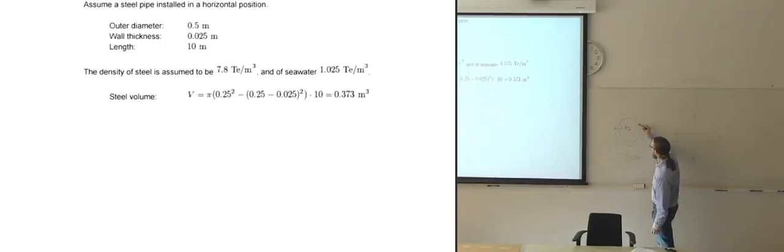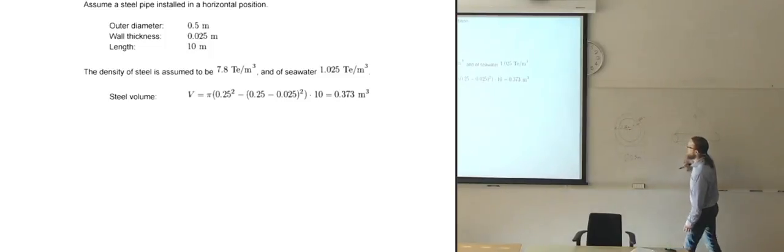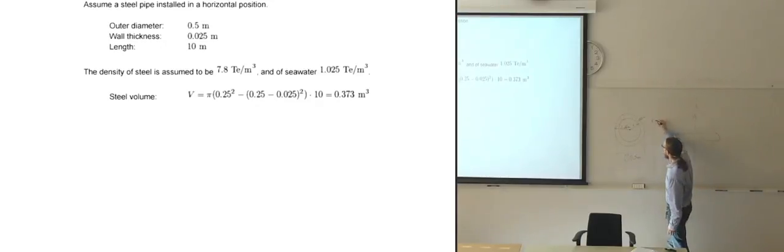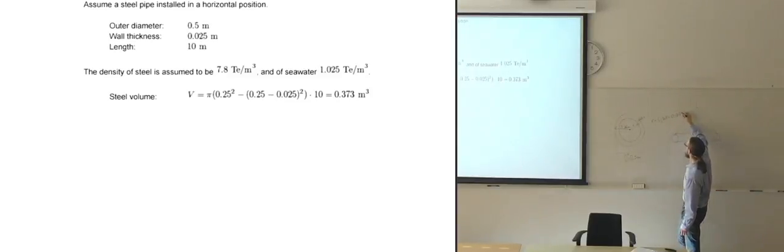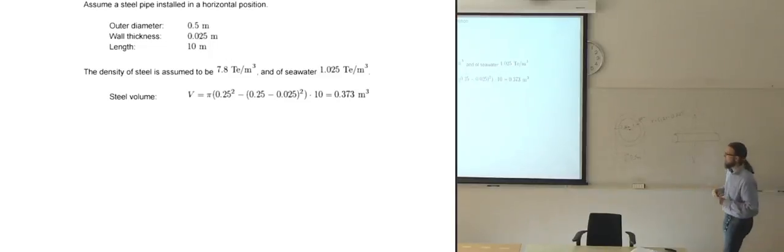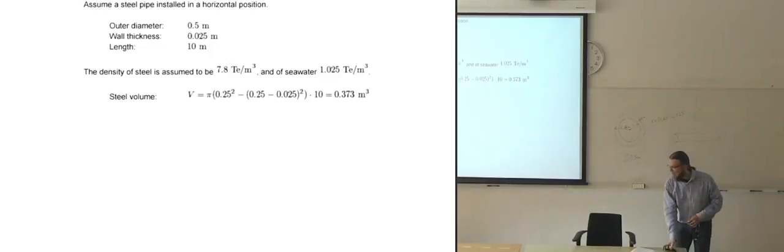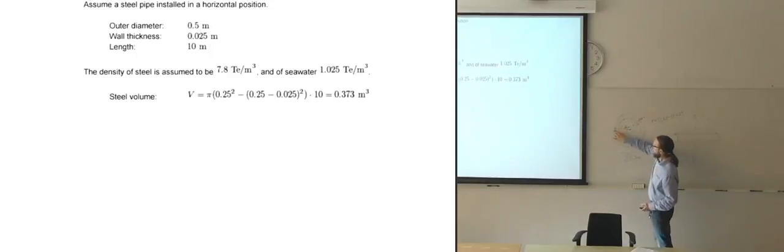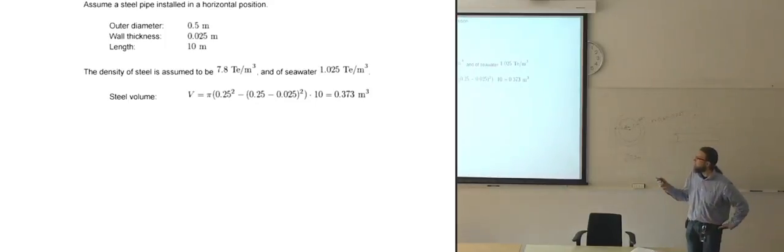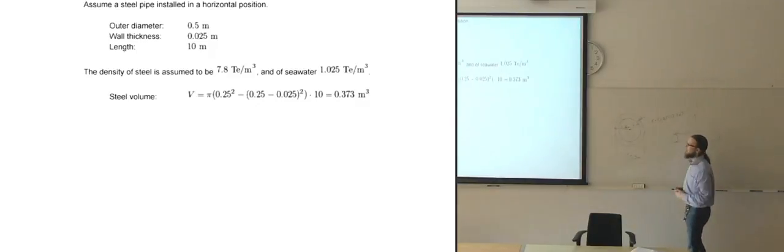And since we have a wall thickness, which is 0.025 meters, we're going to have a radius here on the inside. And R will be equal to 0.25 minus 0.025. So that's basically what's being done here. It's just doing the full radius minus the internal radius in order to get the volume. And 10 meters of length, so it gets the volume of the steel itself in the pipe.